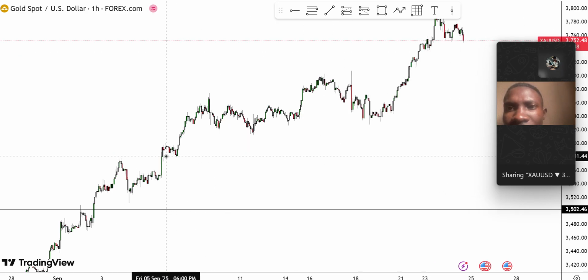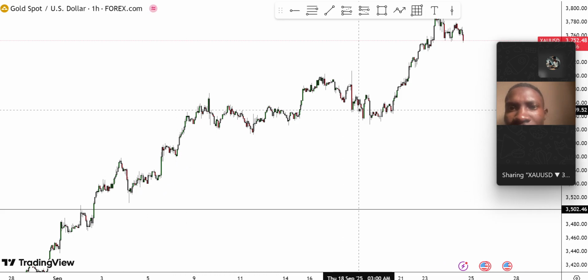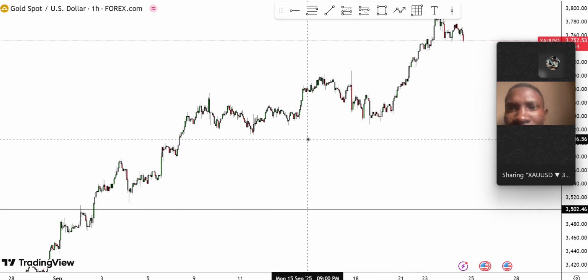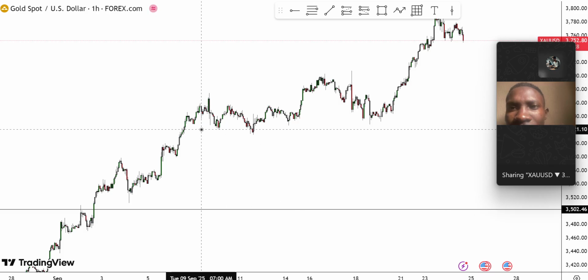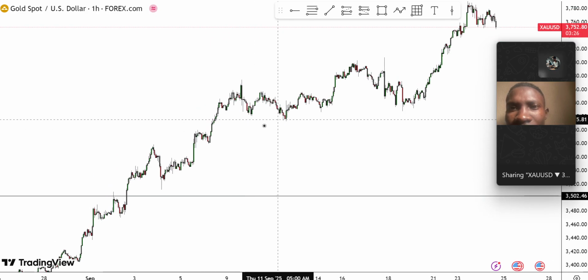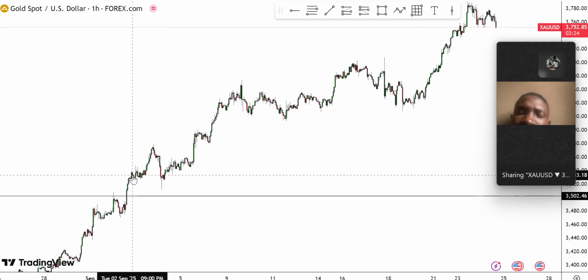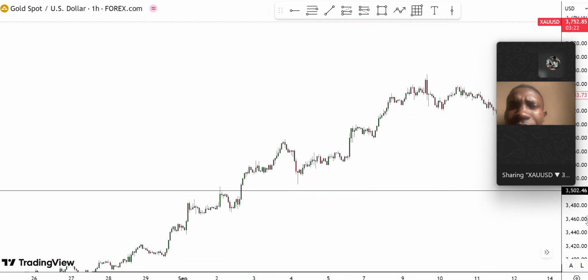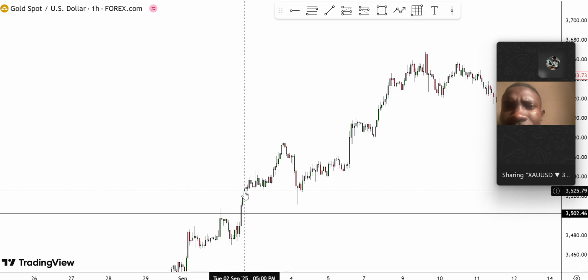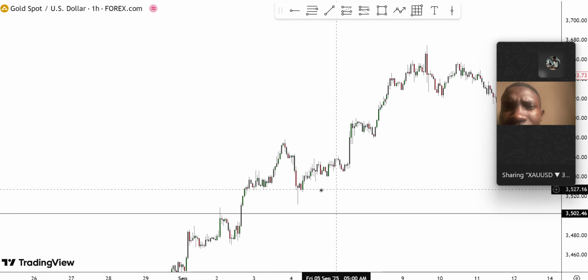Somebody whose class I was in today said XAU has been moving comfortably like this because it has been able to create its own structure. All of this structure here, the higher highs and the higher lows. So this low was here, price took it out.